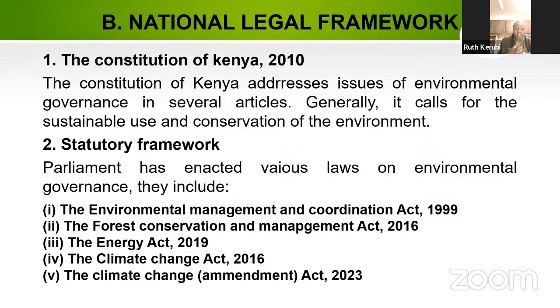Kenya has enacted various laws on environmental governance, including the Environmental Management and Coordination Act, EMCA 1999, the Forest Conservation and Management Act 2016, the Energy Act 2019, the Climate Change Act 2016, and most recently, the Climate Change Amendment Act 2023.